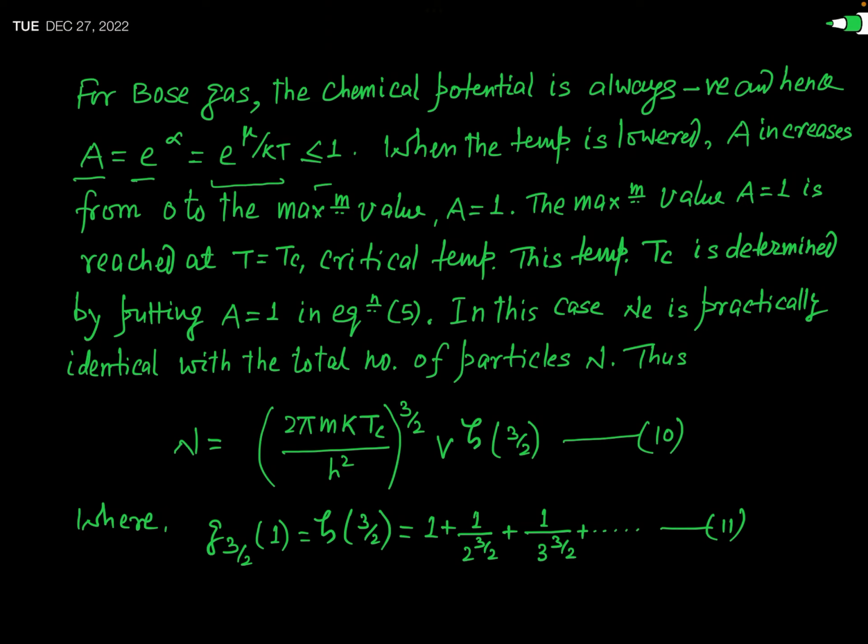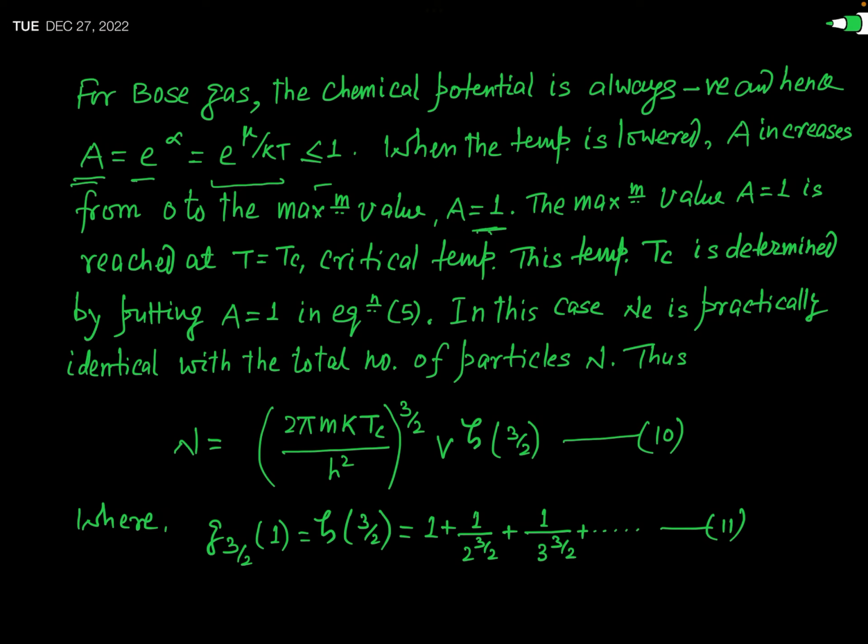And when this temperature T is lowered, as I have told you earlier too, the value of A will increase, and its maximum value can be only 1. It is never greater than 1. So on decreasing the temperature, the value of A starts increasing from 0 to its maximum value, which is equal to 1.